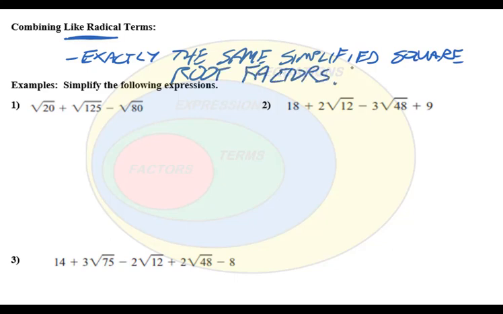So they have to have the exact same radicals, but the idea is that we have to make sure that they're simplified so we can compare them.